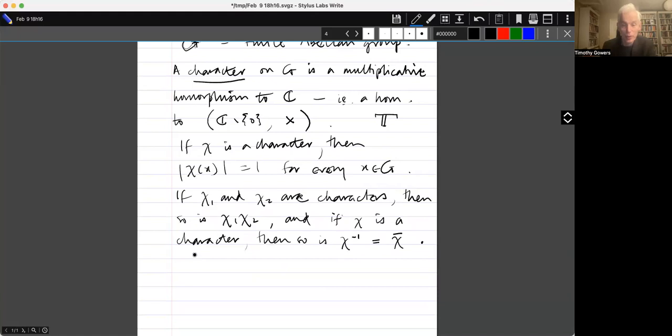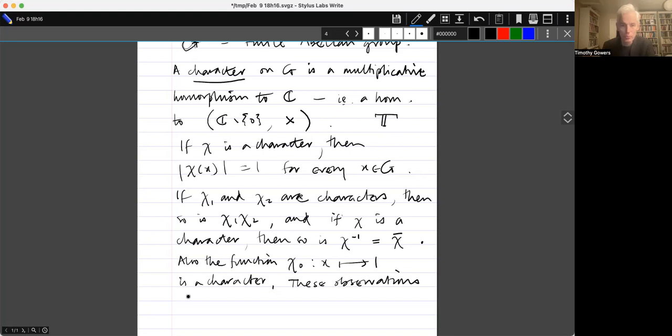And those facts, together with the fact that the function chi naught, which sends x identically to 1, is a character, the trivial homomorphism, are important in themselves, but in particular they show that the characters form themselves a group, and we can see straight from the definition that it's abelian.